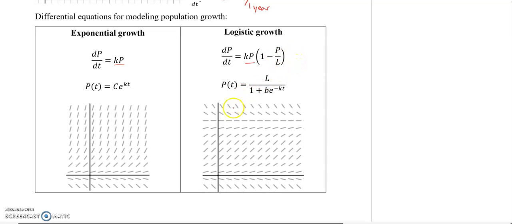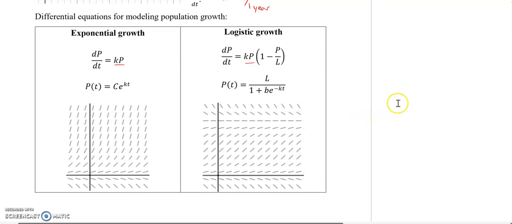That extra piece is what's going to introduce this carrying capacity line right here. And we're going to come back to this equation in a moment, but I thought it might be nice to include that in one big box right here. So this is the general solution to an exponential growth. Over here, this is the general solution for a logistic growth model.